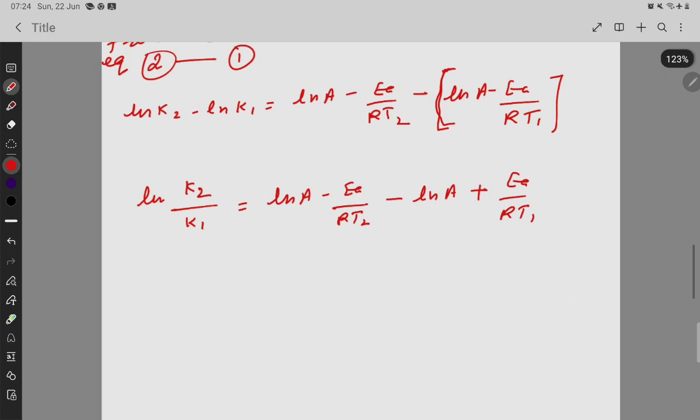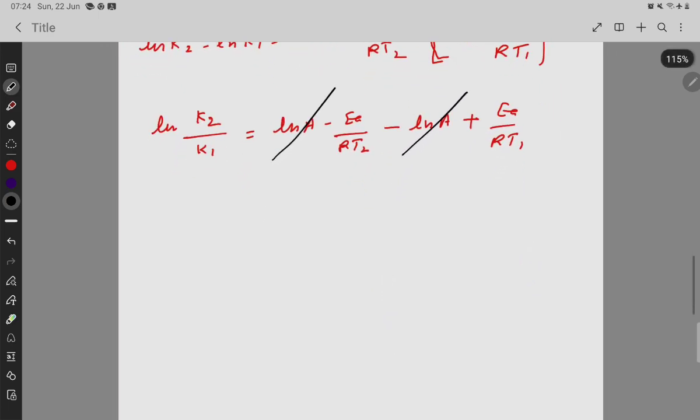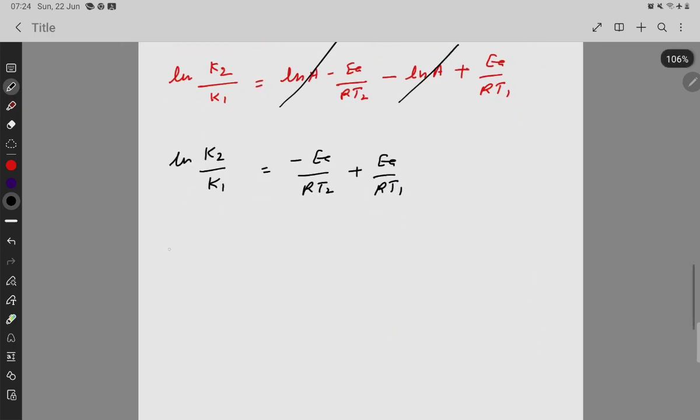Now one thing you can do here: ln A positive and negative will cancel out. So ln k2 upon k1 is equal to minus Ea upon RT2 plus Ea upon RT1. The positive term is bigger than the negative term.